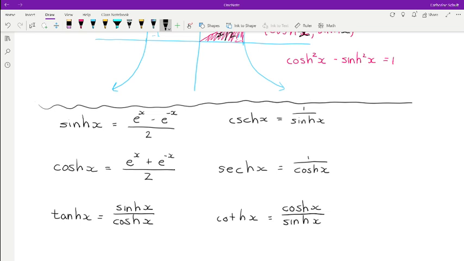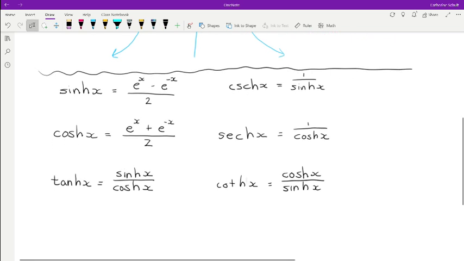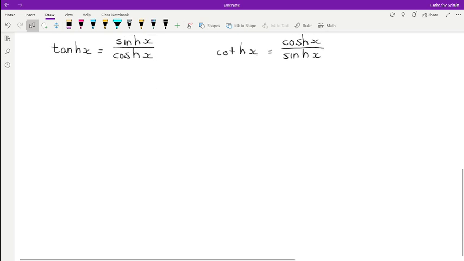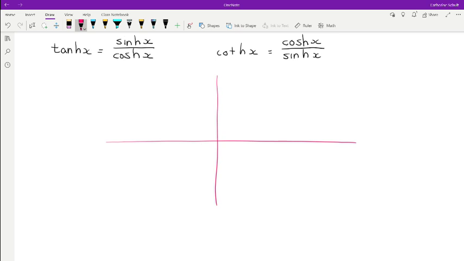Okay, so that's that. So let's look at some quick sketches of these hyperbolic functions. I'll just do sine, cosine, and tangent. We can sketch some kind of asymptotes, some tendencies to help us with the sketch of the hyperbolic functions.